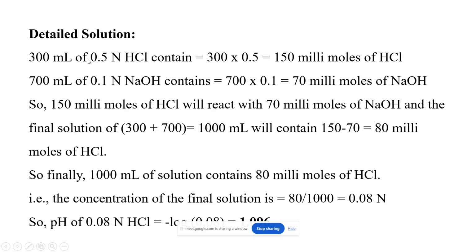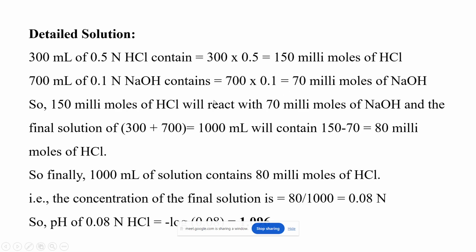So 300 ml of 0.5 normal HCl solution basically means 300 into 0.5, sorry, not 15, 150 millimoles, and then 700 ml into 0.1 will be 70 millimoles.